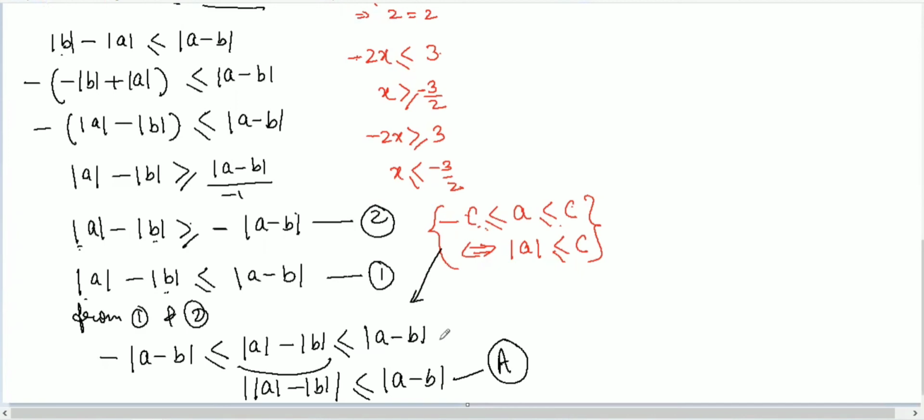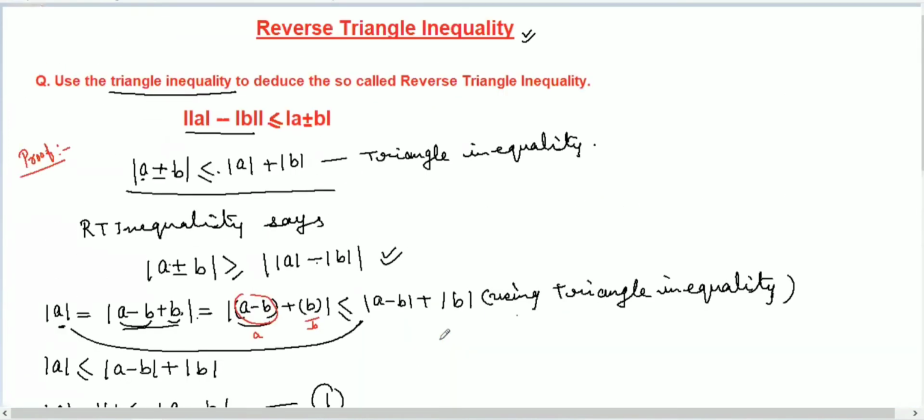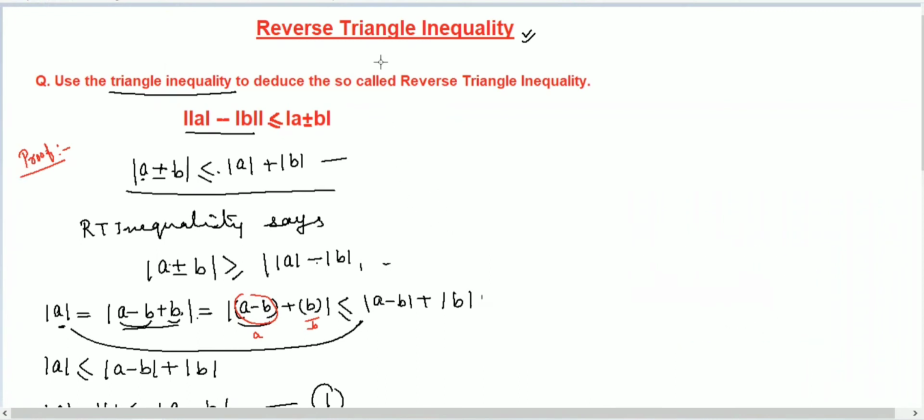Now we will prove it. I'm going to prove it here so that you can see it at the same time.